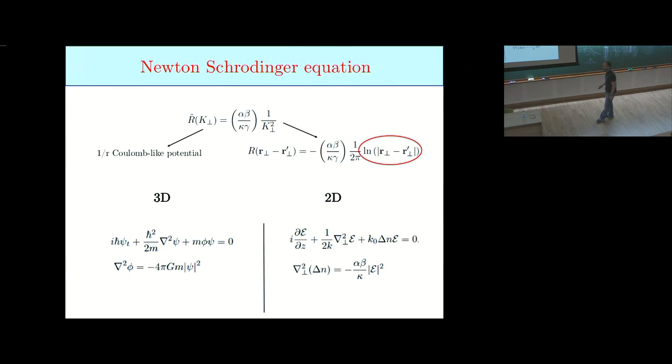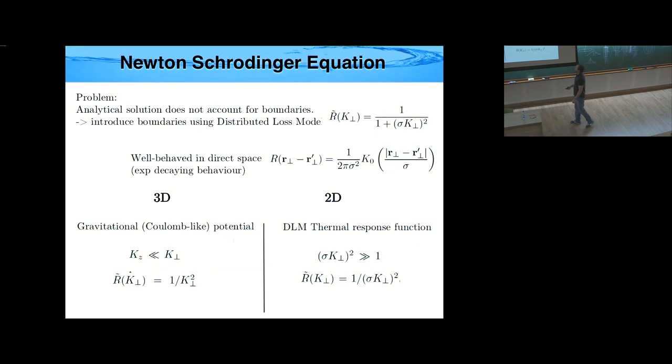So you have to do something to tailor the response here, to harness this 2D nonlinearity to really make it behave like a 1 over r Coulomb-like potential. The trick here is that we use the same distributed loss model that I mentioned earlier to study analytically what our heat diffusion function is doing.